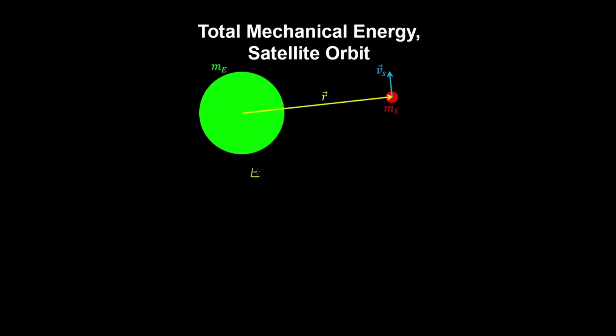The total mechanical energy of a satellite orbiting the Earth is the sum of the kinetic energy and the potential energy. And we derived the kinetic energy as follows. And using our reference point at infinity, the potential energy can also be written as follows.